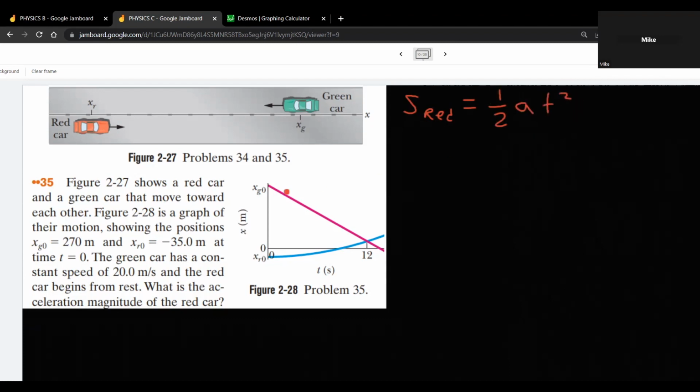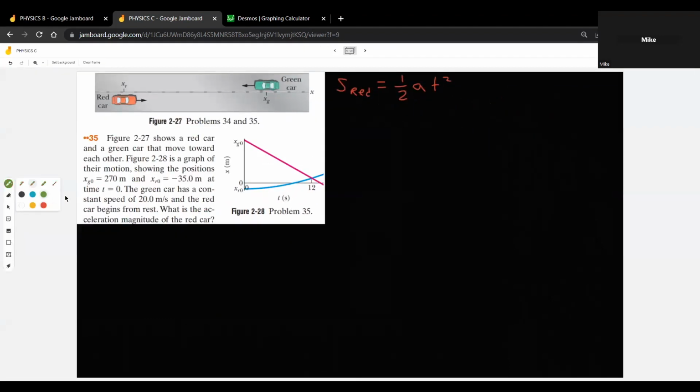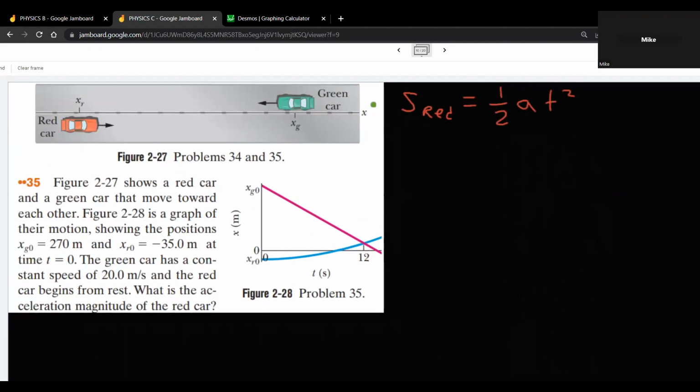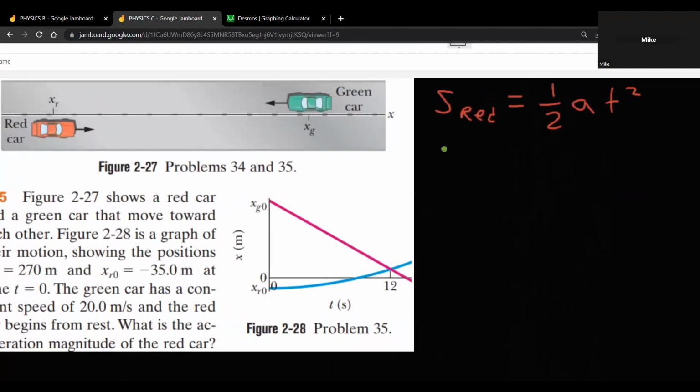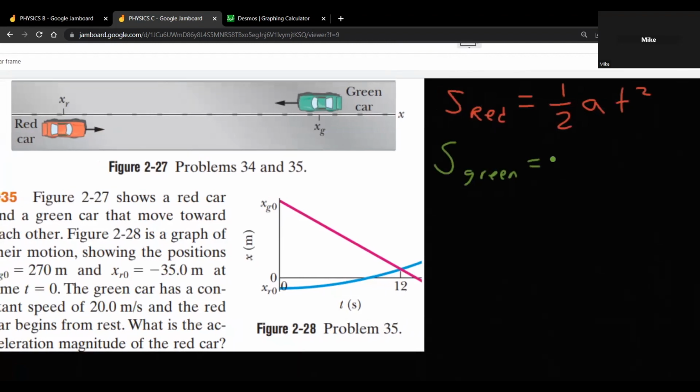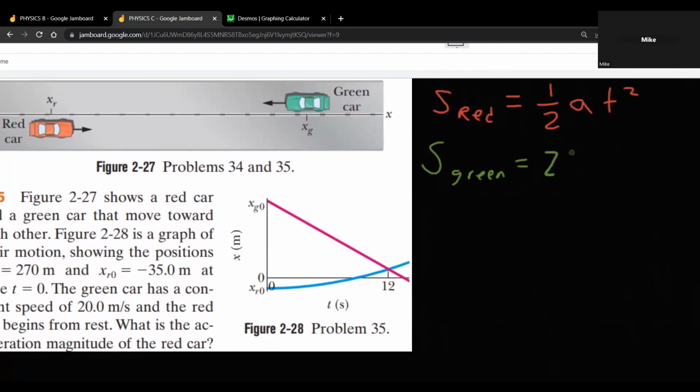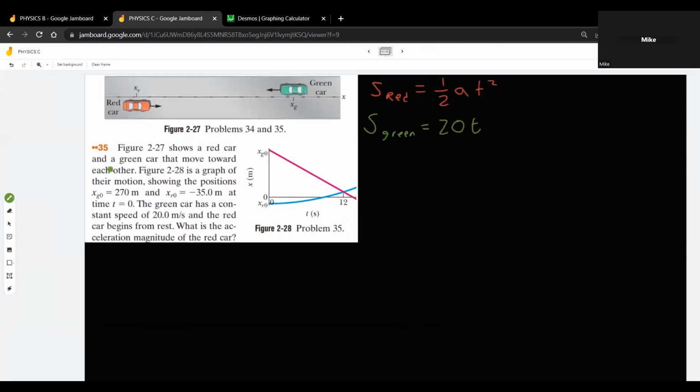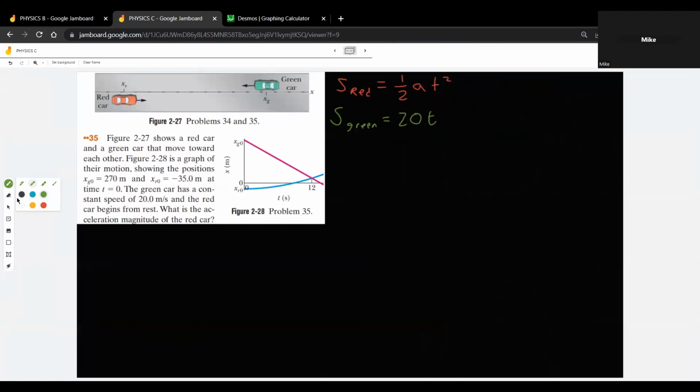So, 270. Teka, lagyan ko ng... Hindi, tingnan ko lang yung ginagawa mo. So, 27. So, yung isa, 270 meters. Yung isa, negative 35.0 meters. Tapos 12 seconds. Here, t is equal to... And the red car begins from rest.